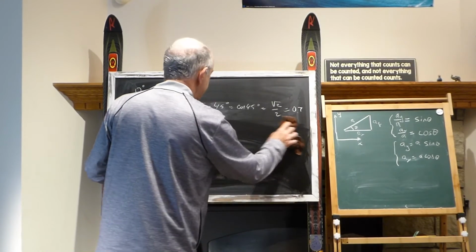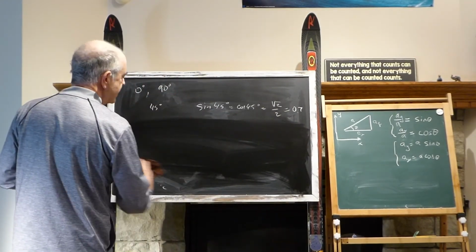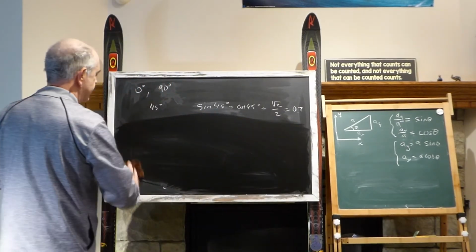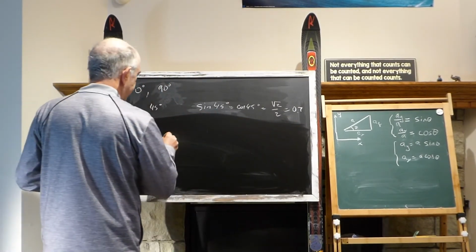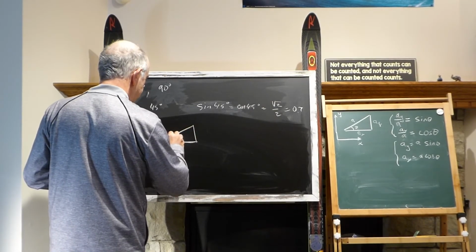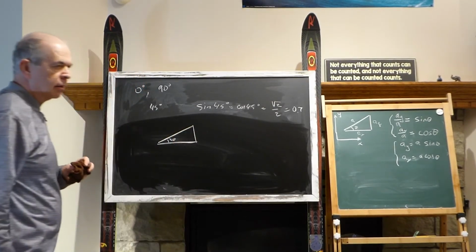The only thing that I will add to this math introduction to triangles and sines and cosine, I want to add another magic angle. And this magic angle is 30 degrees.